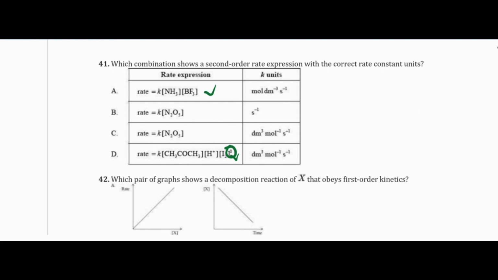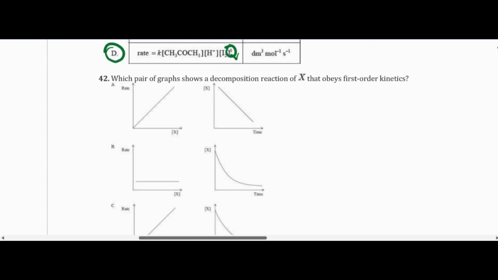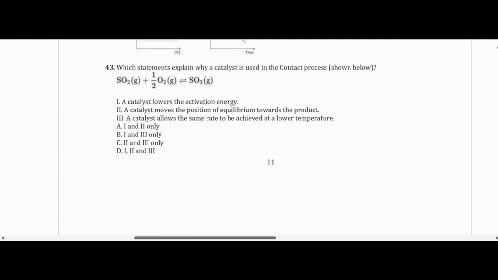And that just leaves us with the units, which will be D. 42. Which pair of graphs shows a decomposition reaction of X that obeys first order kinetics? If you memorize the graphs, then these questions will be very easy. This will be C.